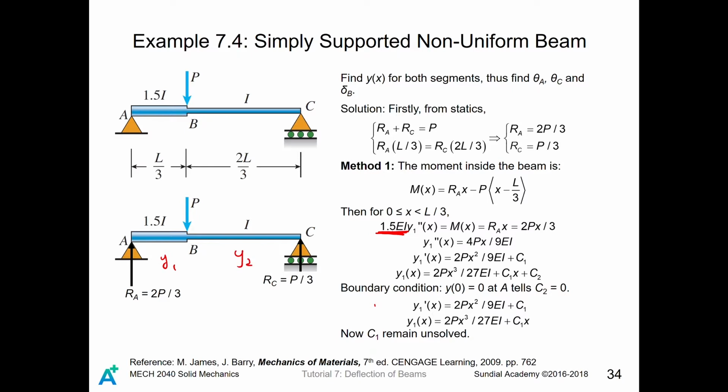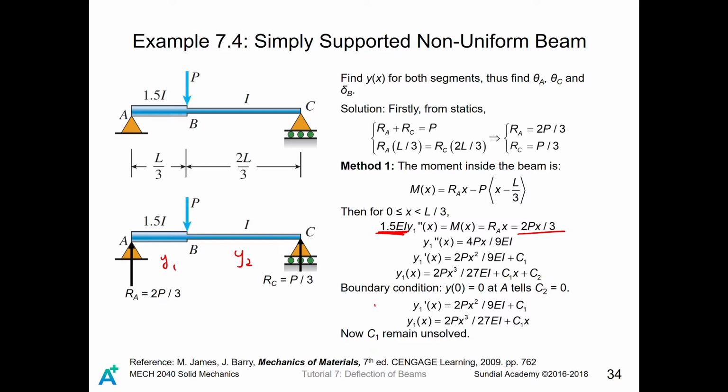So 1.5 EI y1 double prime equals Mx equals Rax, because for 0 to L over 3 there is no such term in the moment equation, and it becomes 2Px divided by 3. You integrate twice to get something like this, with C1 and C2 as well.